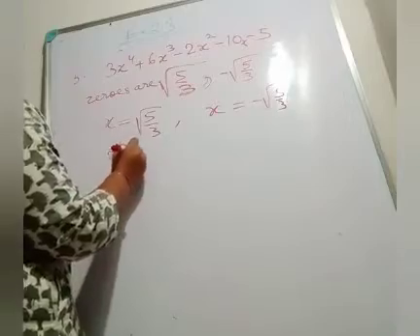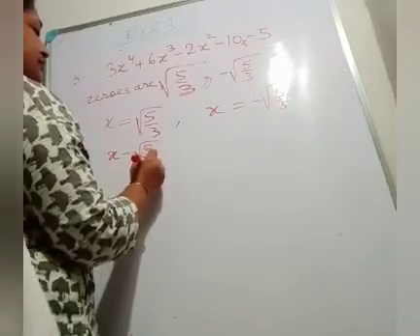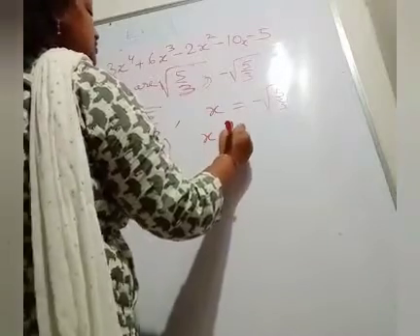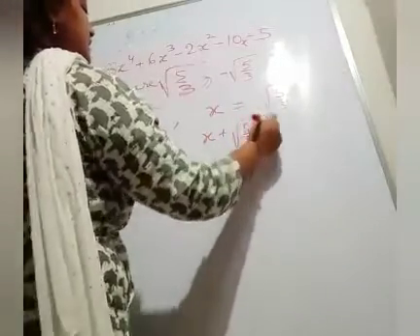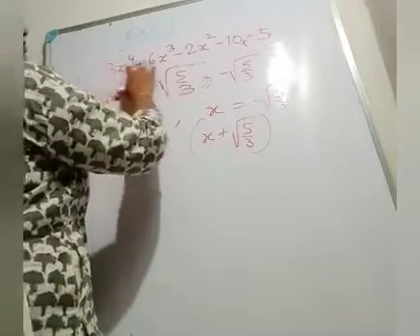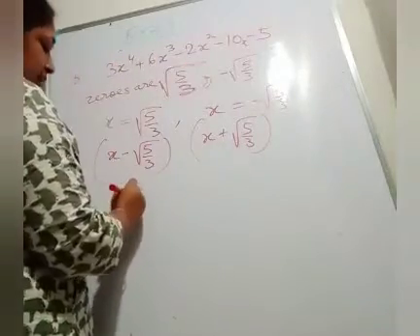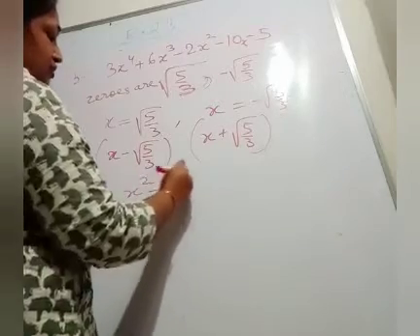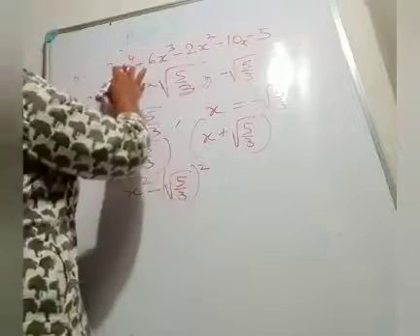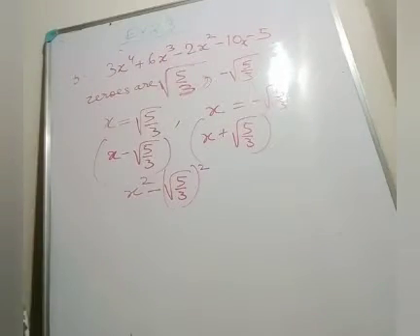That means x minus root over 5 by 3 is one factor and x plus root over 5 by 3 is the other factor. So if these two are factors of this polynomial, then x square minus 5 by 3 is a factor of this polynomial.